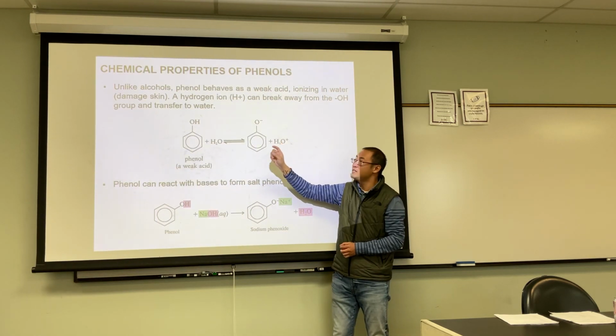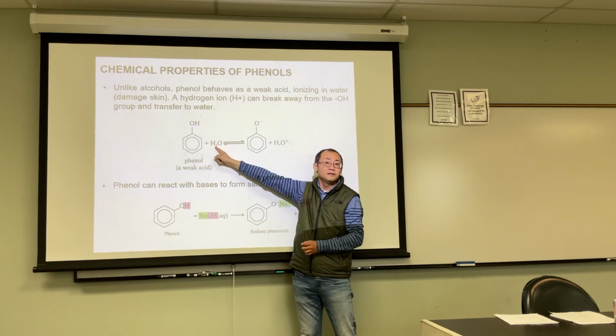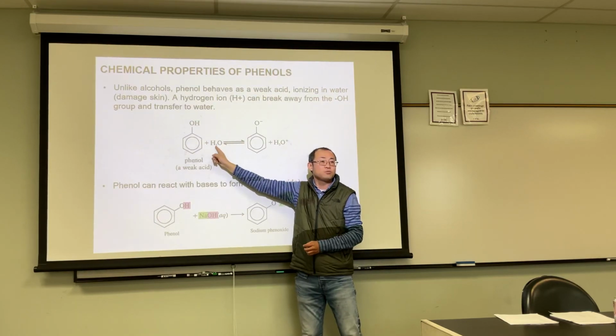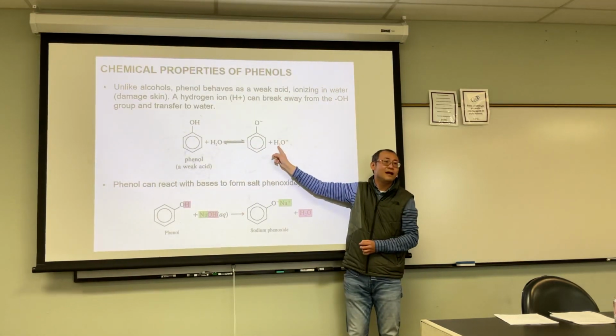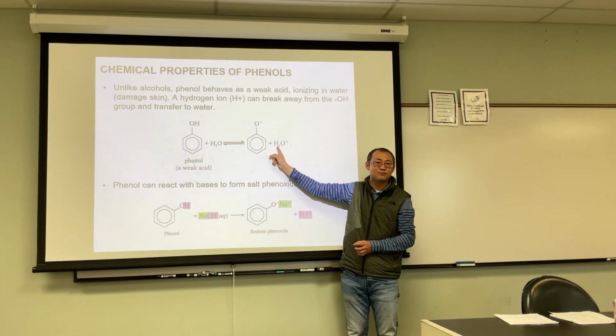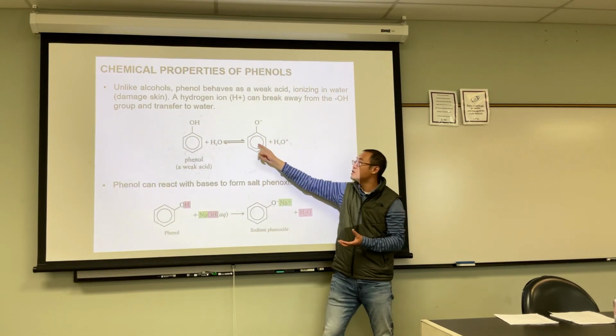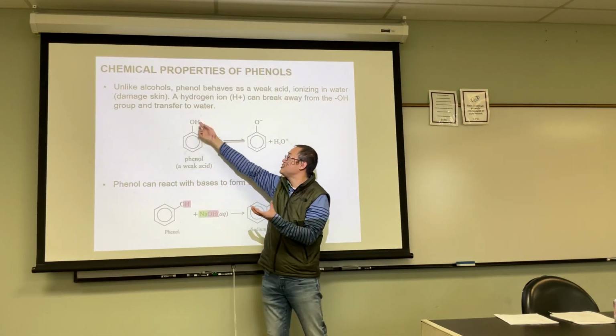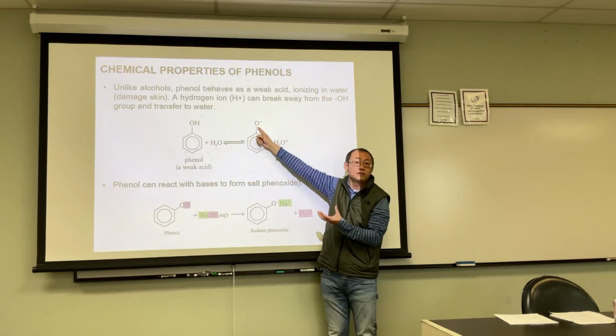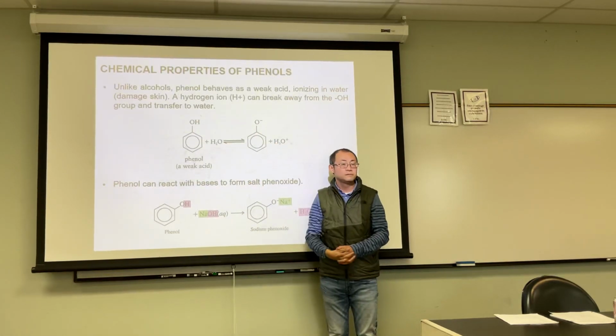And hydrogen plus is accepted by water. That's why water becomes H3O plus. Do you recall that now? And of course, when hydrogen is off as hydrogen plus, the O will be O negative.